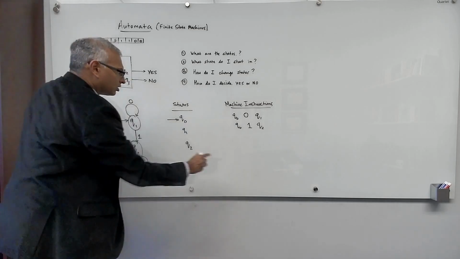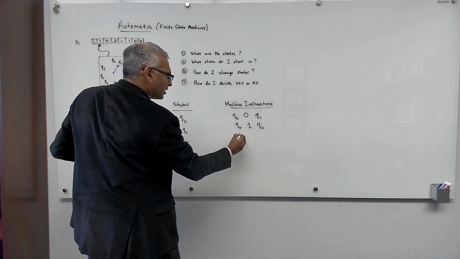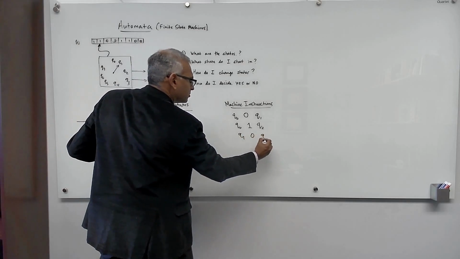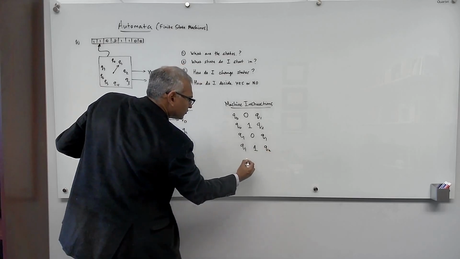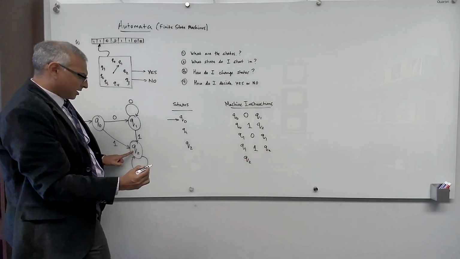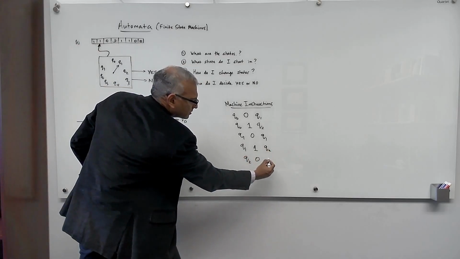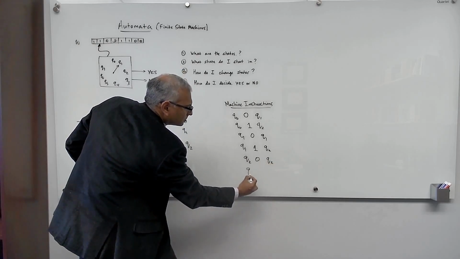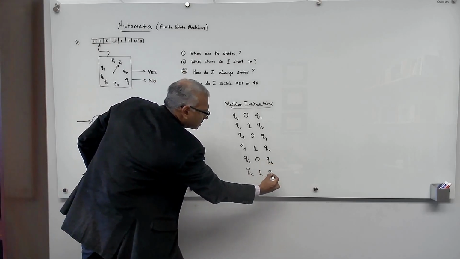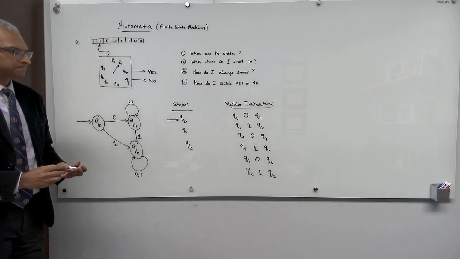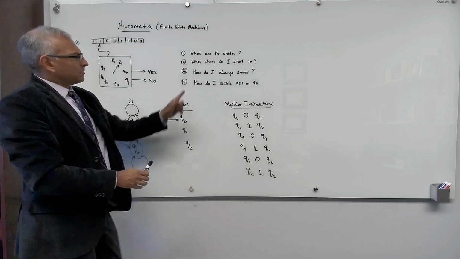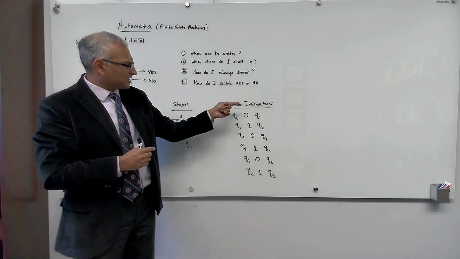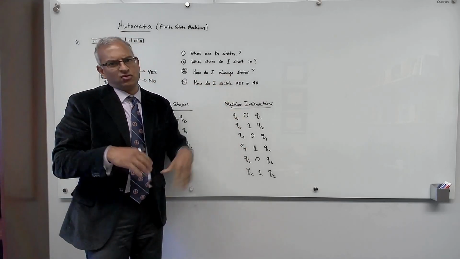Okay, so let's write out all those instructions. So here, if you're in Q1 and you see a 0, stay in Q1. If you're in Q1 and you see a 1, move to Q2. If you're in Q2, okay, and you see a 0, stay in Q2. If you're in Q2 and you see a 1, stay in Q2. There. Okay. So, how do I change states? You can specify machine instructions, if you don't want to draw stuff.